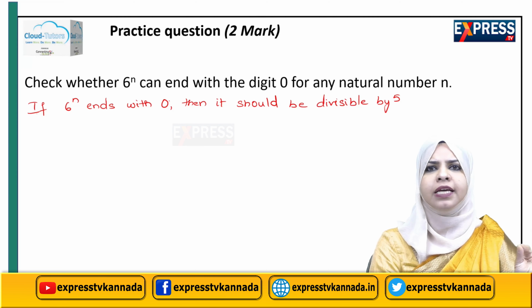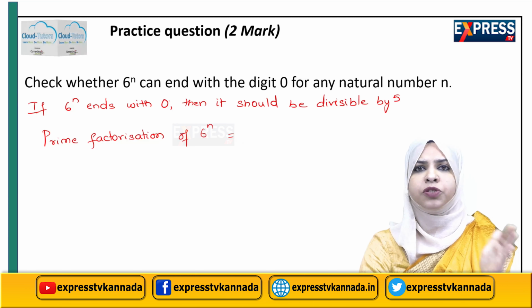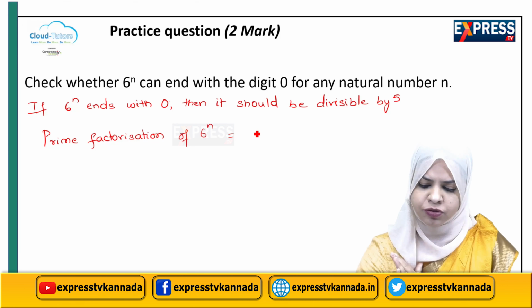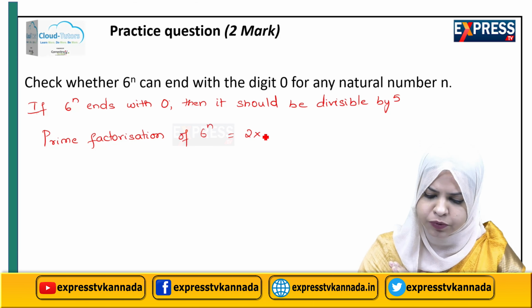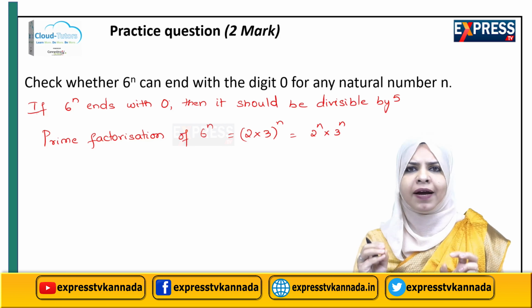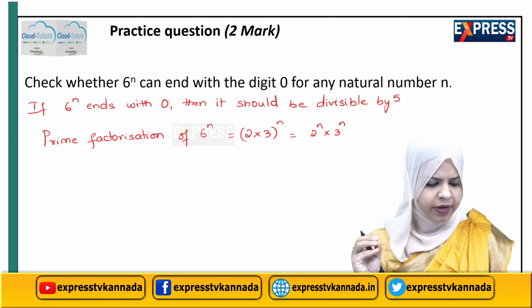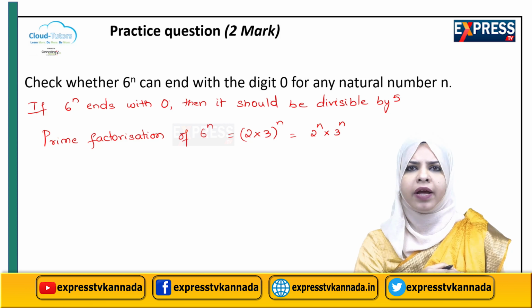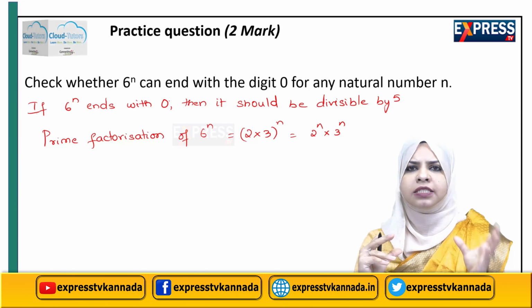Let's see the prime factorization of 6 power n. I can write 6 in terms of prime factors as 2 into 3. So 2 into 3 whole power n, which is equal to 2 power n into 3 power n. As you all can observe, I do not have any factor containing 5 here. So hence it is very clear that 6 power n cannot end with digit 0.